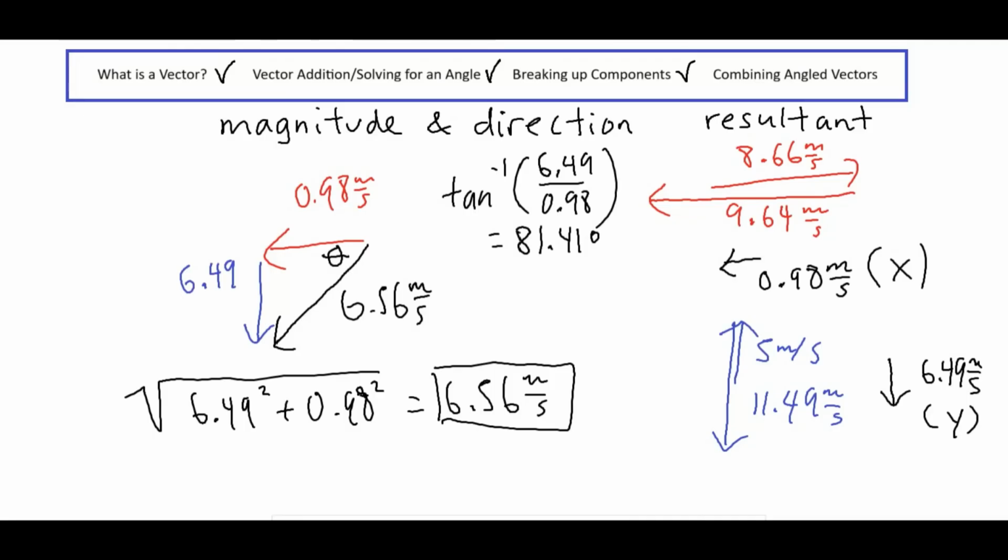Okay, you could report that answer a bunch of different ways. Okay, so that specific angle right here, an unknown angle theta, is 81.41 degrees.